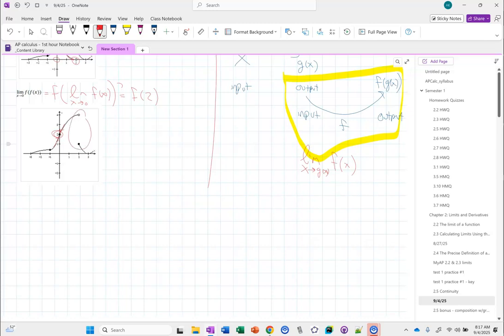What can I do with that? Which end should I look at? Well, they're different, right? This guy just does not exist. So you can't even look at f of 2.